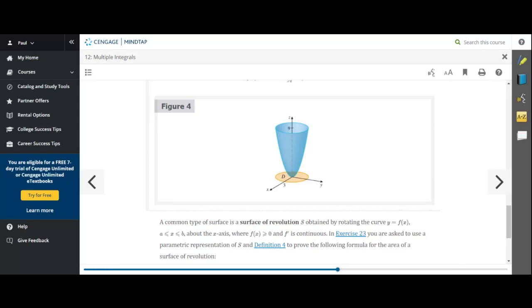If we compress that solid down into the xy plane, we get a circle here. So when you have a circular region, do you think it's better to use Cartesian coordinates or polar coordinates for integration? What do you think? Yeah, let's try polar coordinates. I agree with Christopher. Let's try polar coordinates.